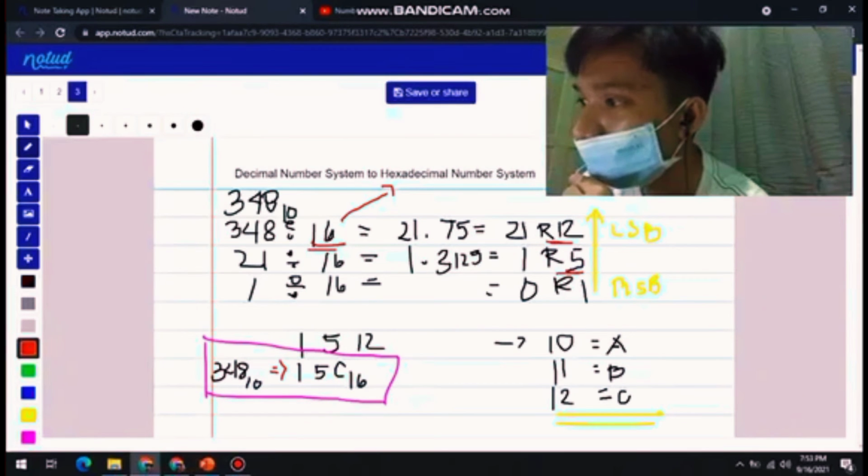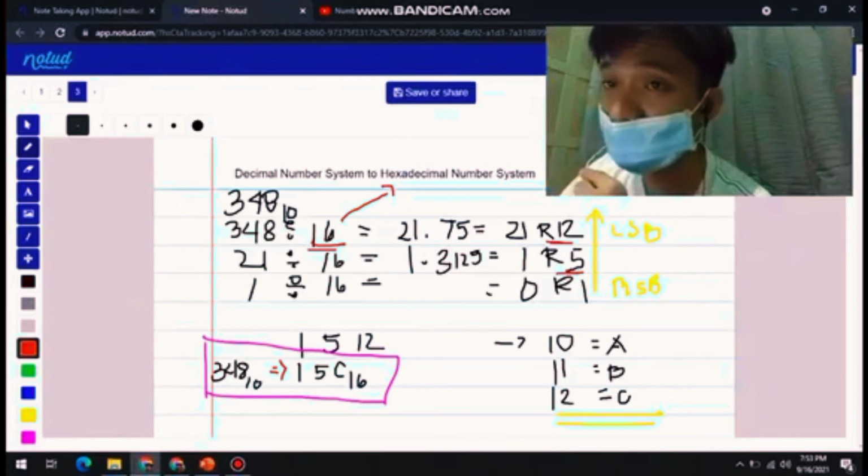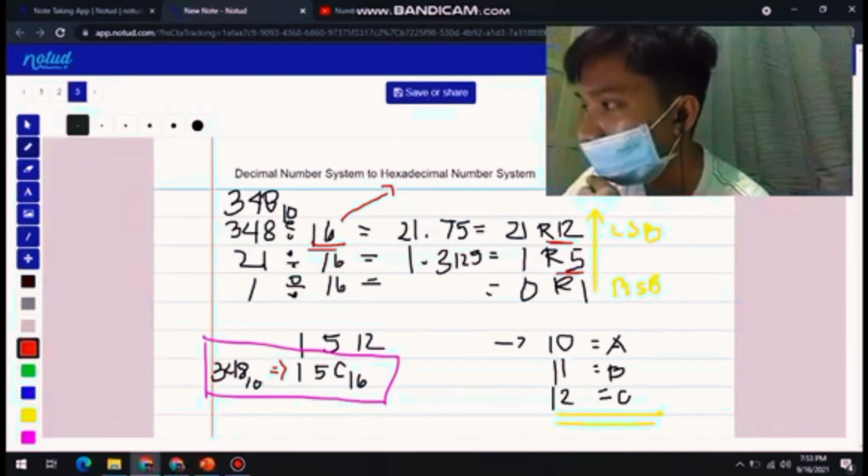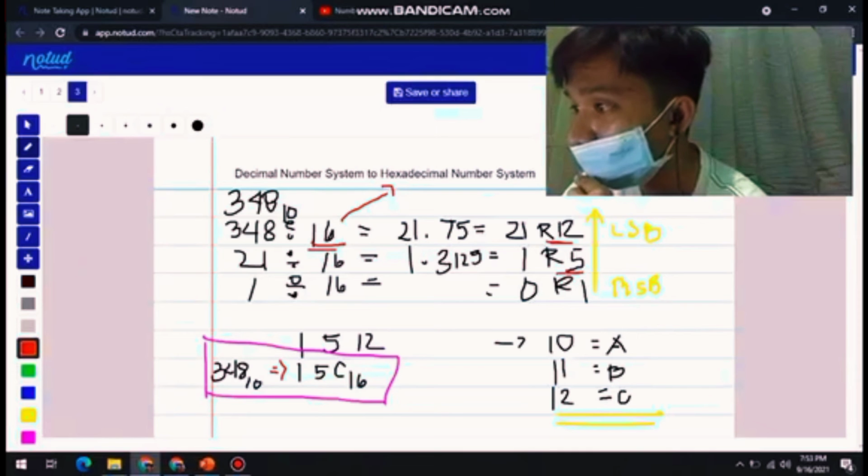So now the last part is 1 divided by 16. So it is basically, with no decimal point, equals 0 with a remainder of 1.